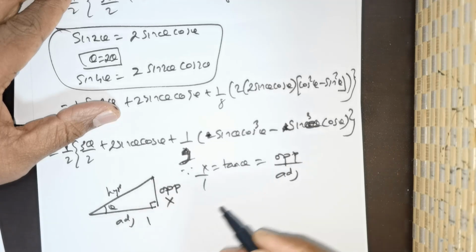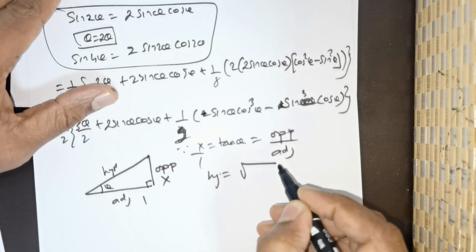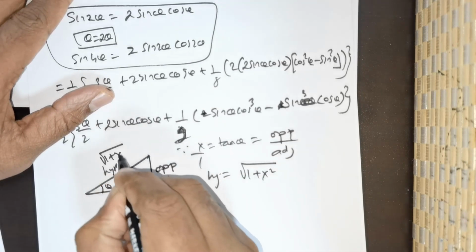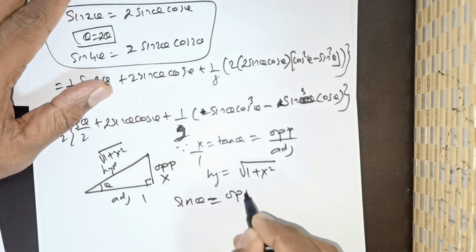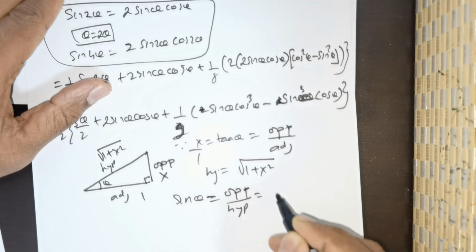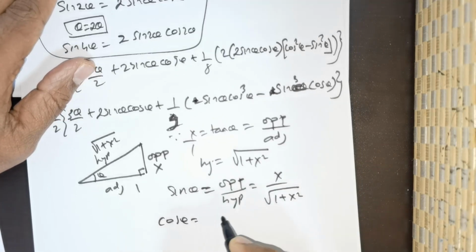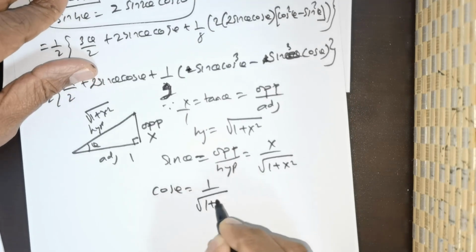This is x divided by 1, so my hypotenuse side is going to be root of 1 plus x squared. So sine theta is opposite side by hypotenuse, that is x divided by root of 1 plus x squared, and my cos theta is adjacent by hypotenuse, so 1 over root of 1 plus x squared.